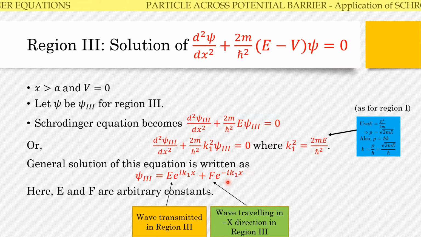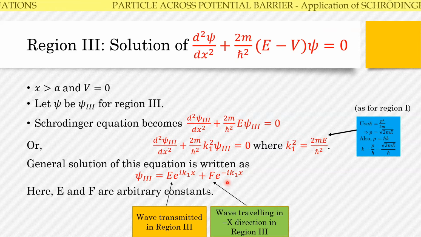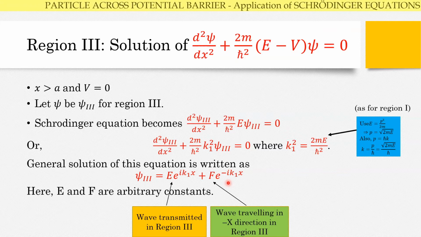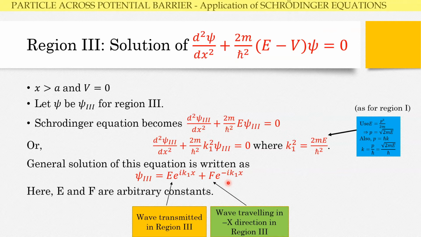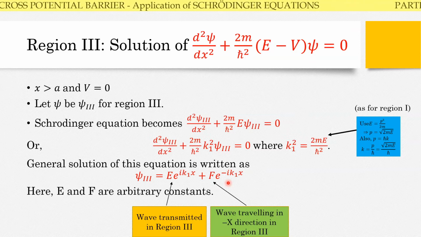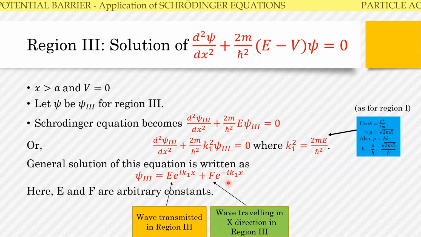But you see, in the region 3, the wave traveling in negative x direction is not possible. As you know, there is no particle source which generates a wave that may travel in negative x direction.